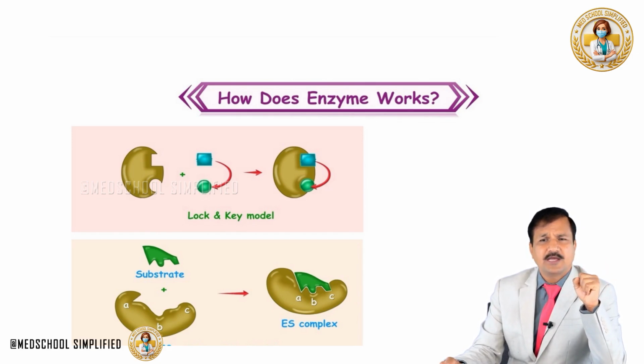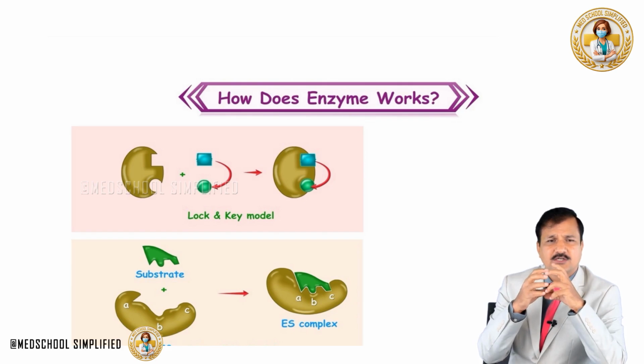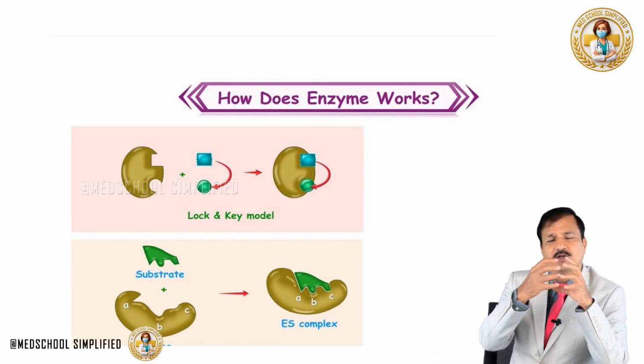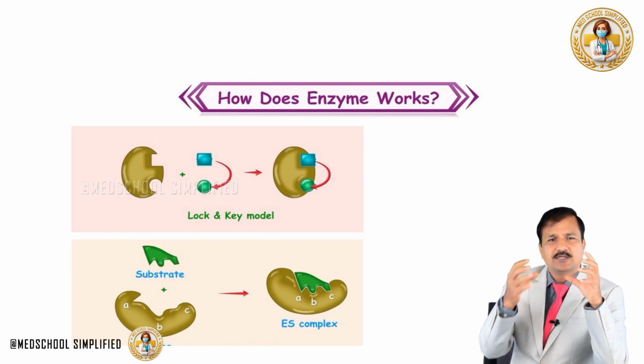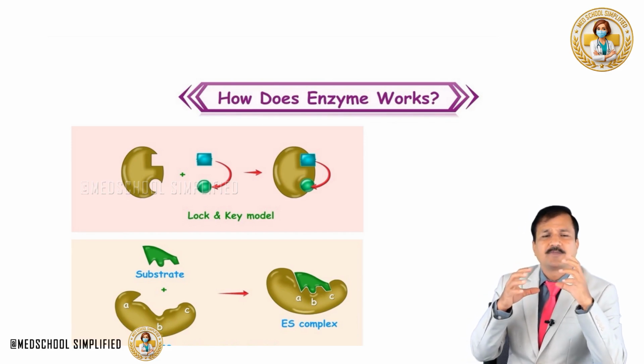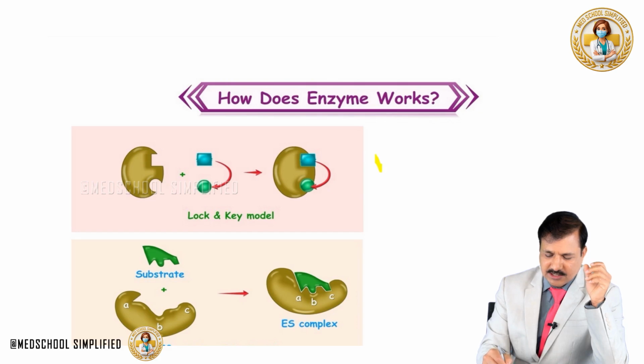The enzyme action can be explained by two models. One is Fischer's lock and key model. In Fischer's lock and key model, the enzyme has a complementary shape or structure to the substrate, where the substrate will go and bind, and it is converted to product, and the product is released. It's a fixed model, so it doesn't change.